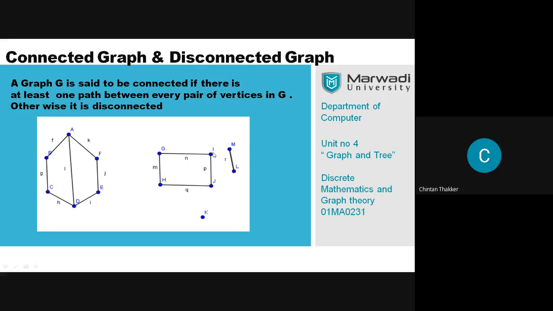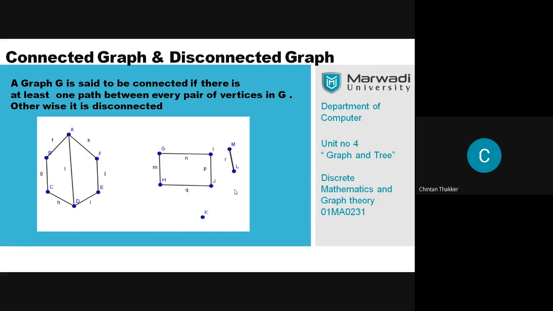In this graph there is no path between N and I. Okay, there is no path between M and I, also L and I. Also K is not connected with any vertex. So this graph is called a disconnected graph. Okay, this is a disconnected graph.